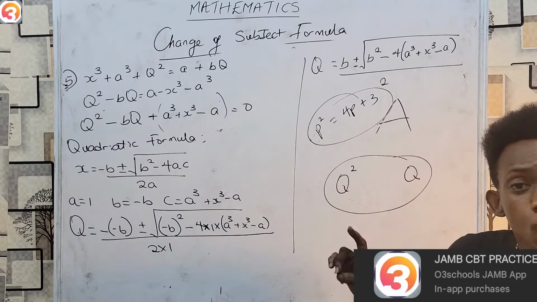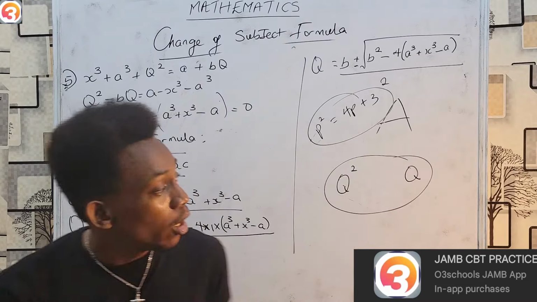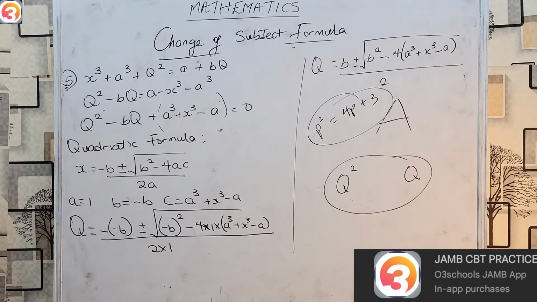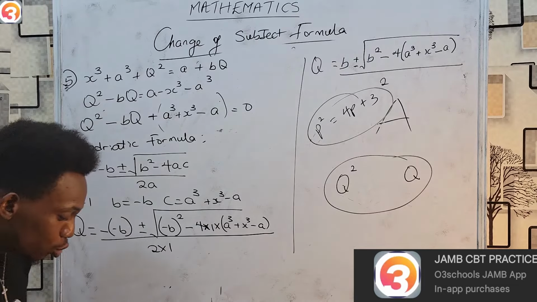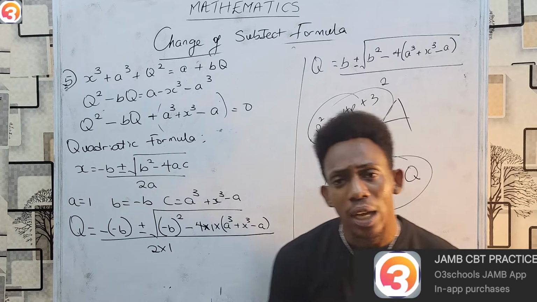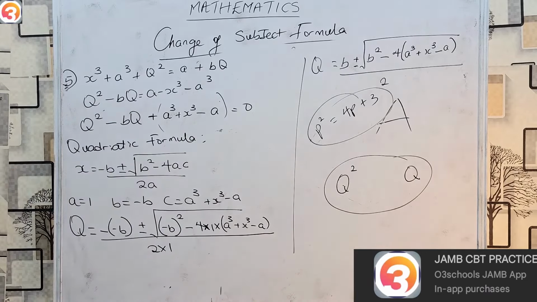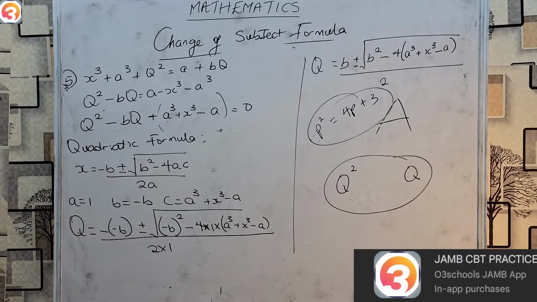So anyone at all, once you see that squared there, and you see another one without squared, just know you're going to have to apply the quadratic formula. Do not forget that. If you do, that is when you shall find yourself working hard and it's like you're not getting the answer. So that is that.